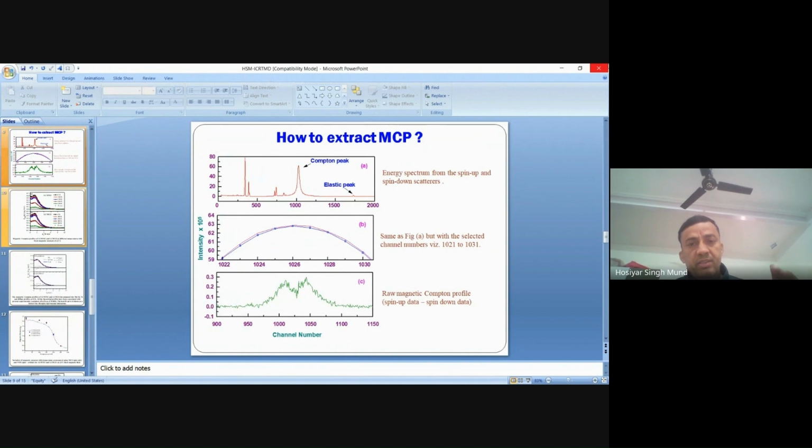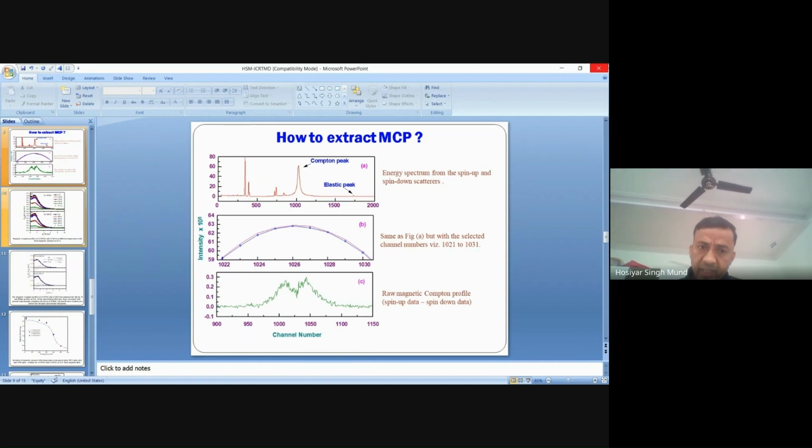Now, as we get the magnetic component profile data for majority and minority spin, both the data for majority and minority electrons show the same pattern, which is shown in graph A. But when we compare this data, we find a slight difference at the Compton peak in both the spin up and spin down data, or we can say majority and minority spin electrons.